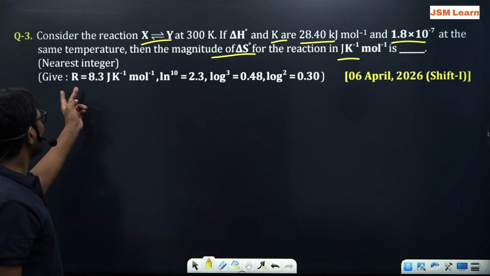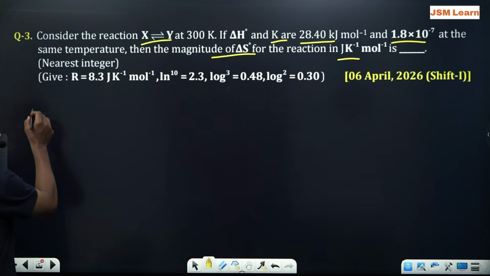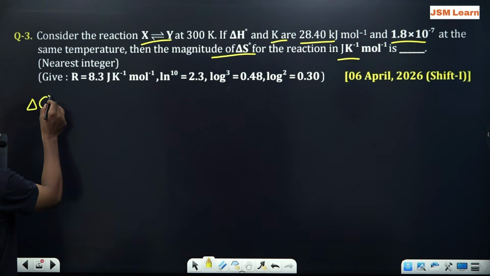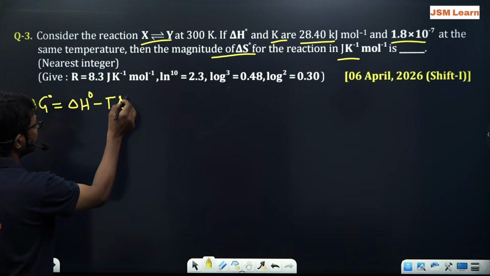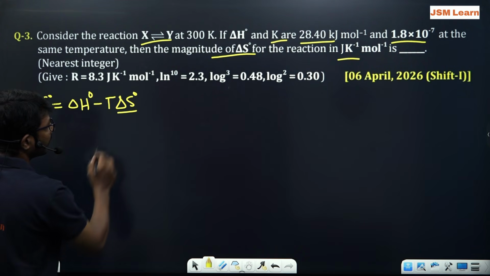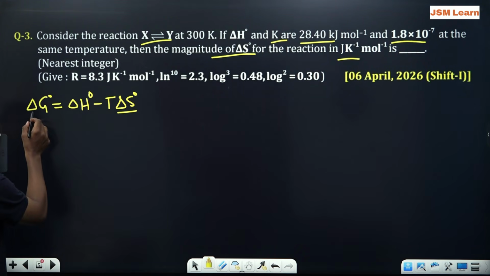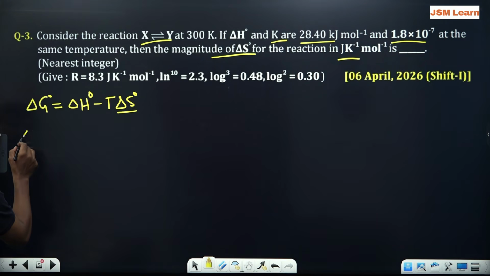Some logarithm values also they have provided. As you know the formula, delta G naught is equal to delta H naught minus T delta S naught. Before identifying this, let us see how we are going to identify the delta G naught value.